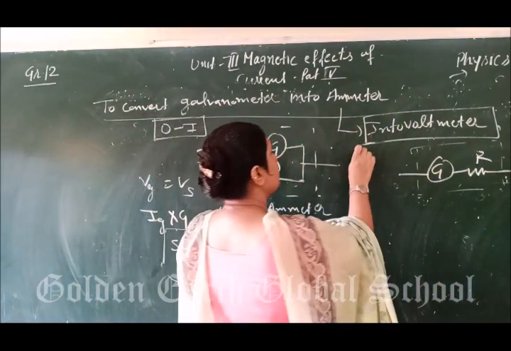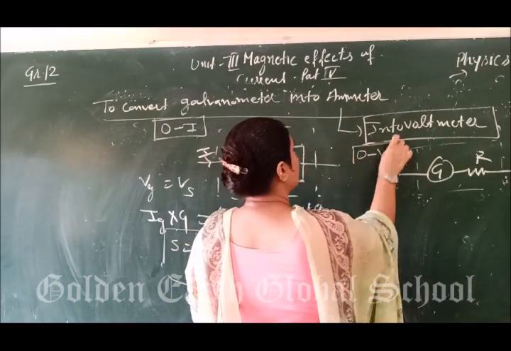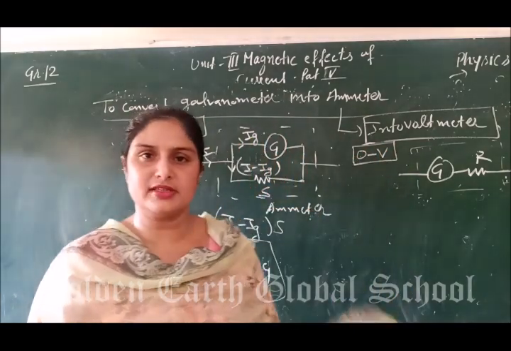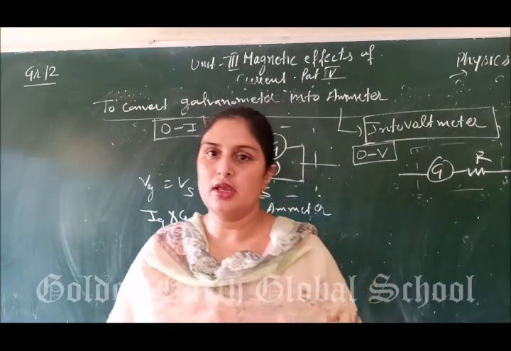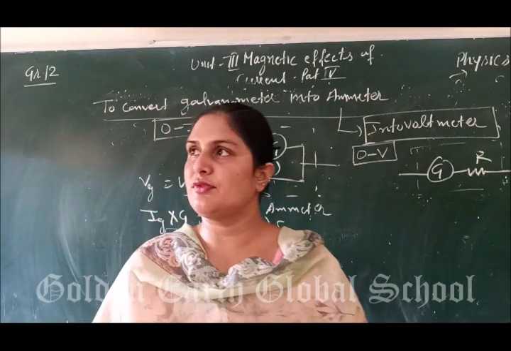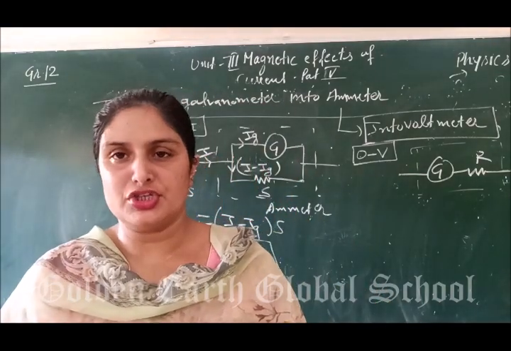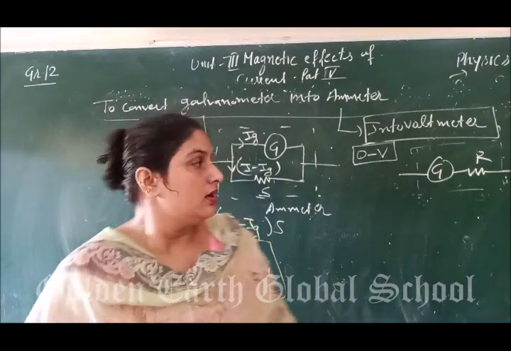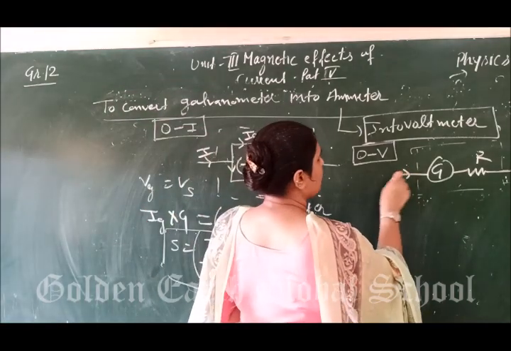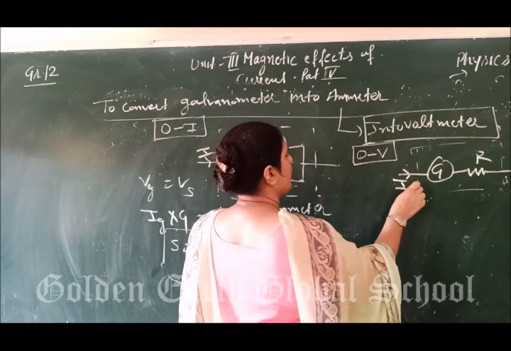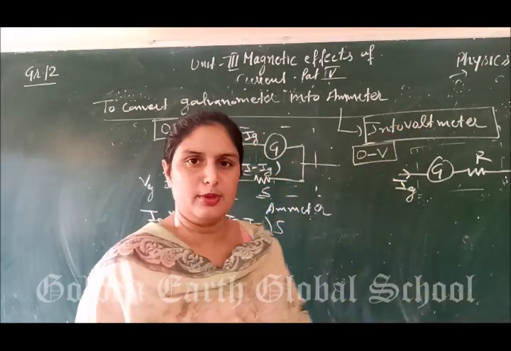Let us suppose we are going to make the voltmeter that is going to measure the potential difference from 0 to V. V can be 5 volt, 6 volt, 7 volt depending upon the conditions. Now let us suppose the current in the circuit is Ig.